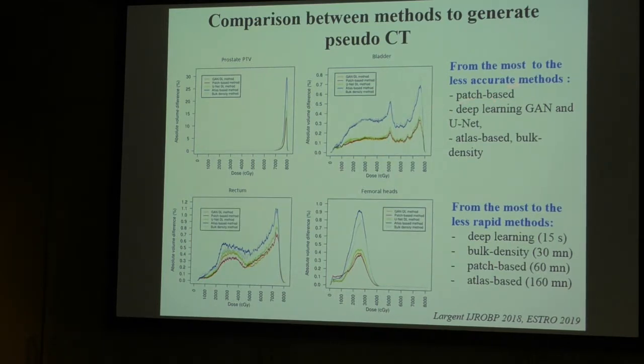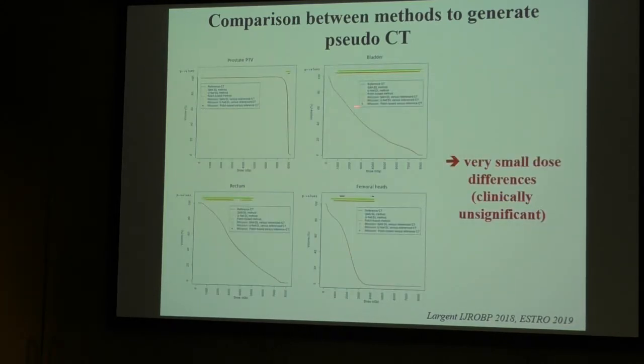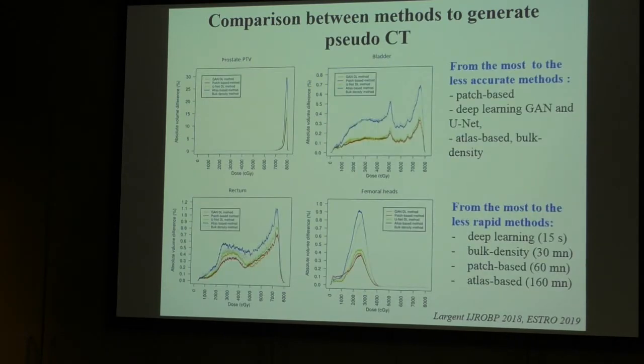The most accurate method is really the patch-based method, and in the study the least accurate were the atlas-based and the bulk density methods, which are shown here, the DVH for the prostate, the bladder, the femoral head. But anyway, what must be considered as a clinician is that the differences are very small.